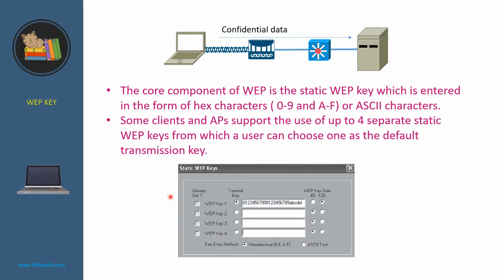In this example, as you can see, we can define up to 4 keys, and in this configuration, key number 1 is chosen as the transmission key, and here is the key value, and it has a size of 128 bits.